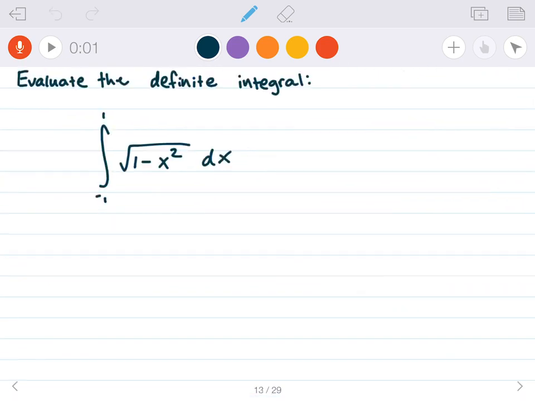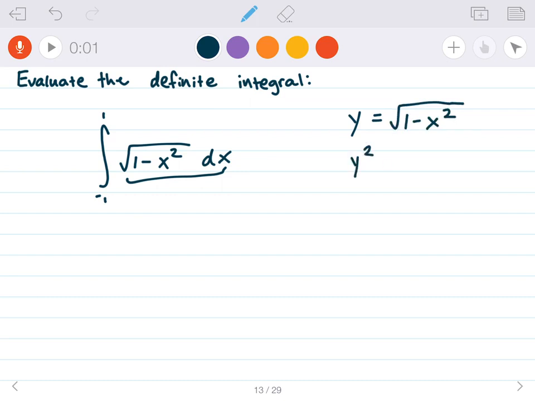Okay, evaluate the definite integral from -1 to 1 of the square root of 1 minus x squared dx. So how do we do this? Well, the first thing to recognize is that this is our function. So our output, our y value, is the square root of 1 minus x squared. And what we can do is some manipulation here.